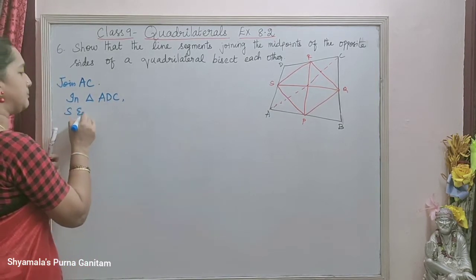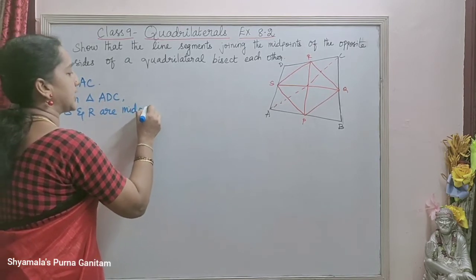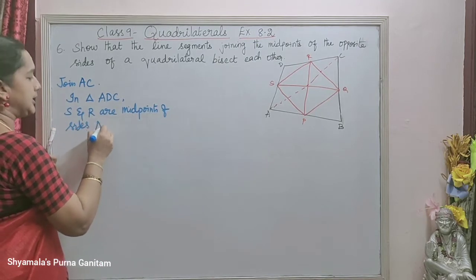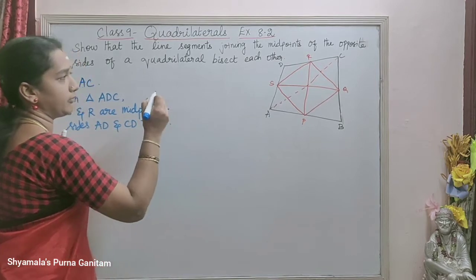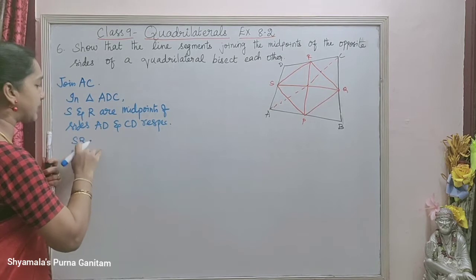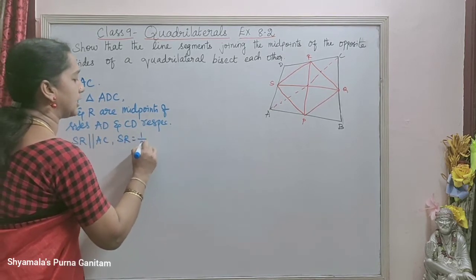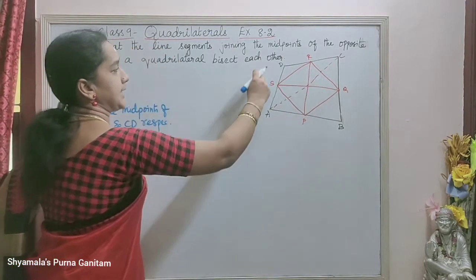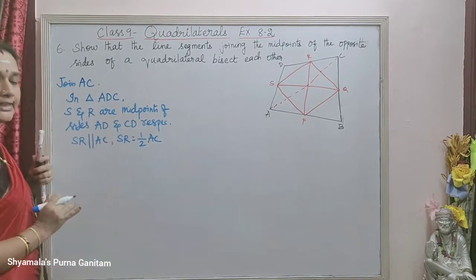In triangle ADC, S and R are the midpoints of sides AD and CD respectively. So SR is parallel to AC and SR is equal to half of AC. This is for triangle ADC.